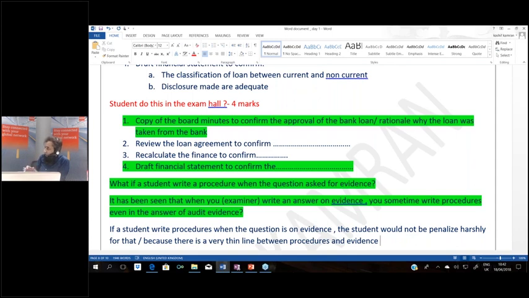No. But what is my first priority? My first priority is that I should stick to the segregation. But if under pressure I mistakenly wrote 1 procedure and 4 evidences, I should not be worried about it, because the examiner is giving you generosity. He's saying, I'll not penalize you too harshly for it.